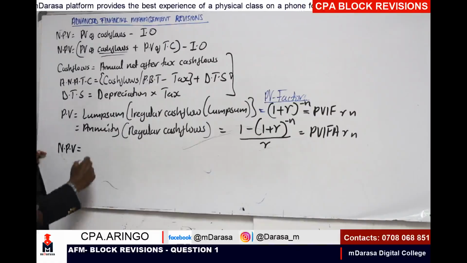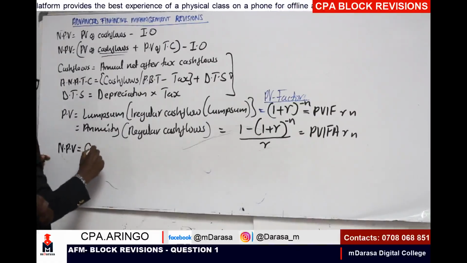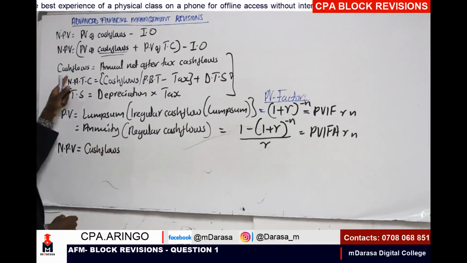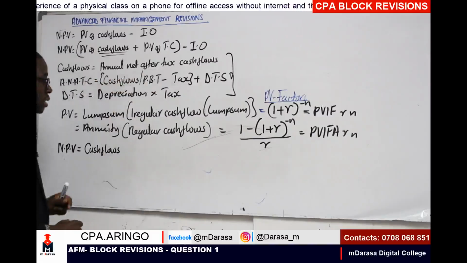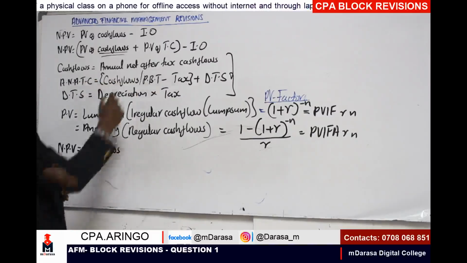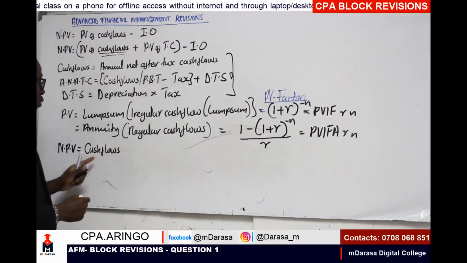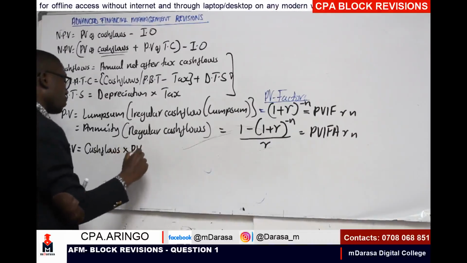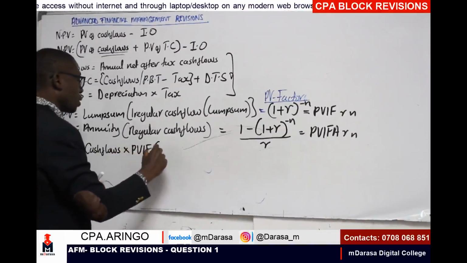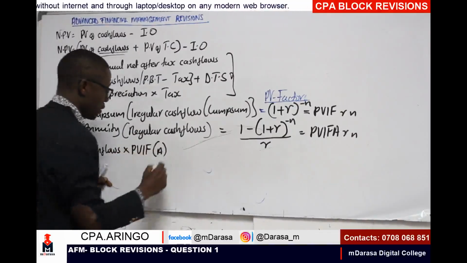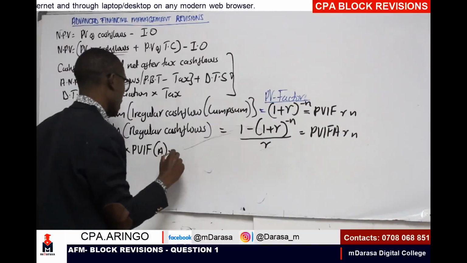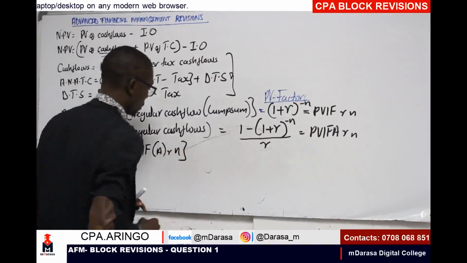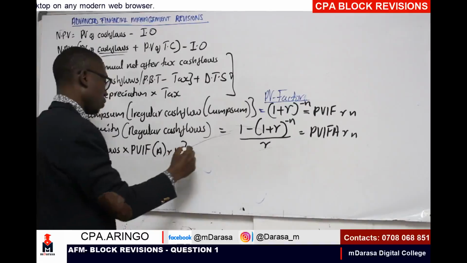To determine our present value for cash flows, I'm going to take my annual net after tax cash flows. That is what you're talking about. Annual net after tax cash flows times my present value interest factor, or interest factor annuity, given the case, our R and N, then we less what?